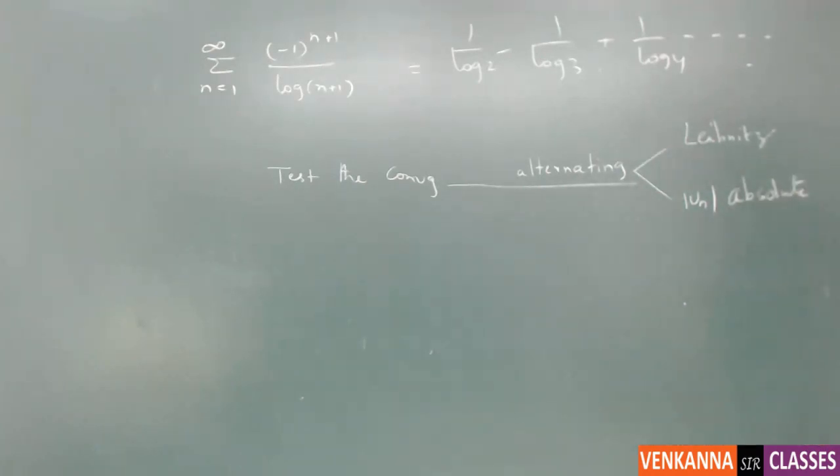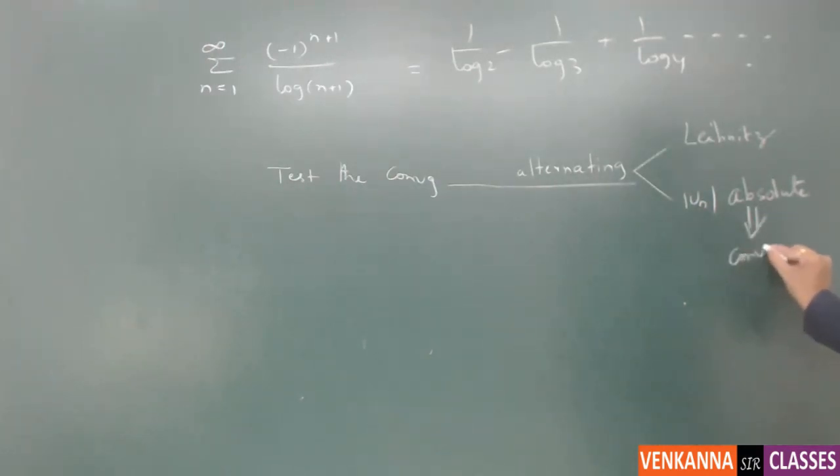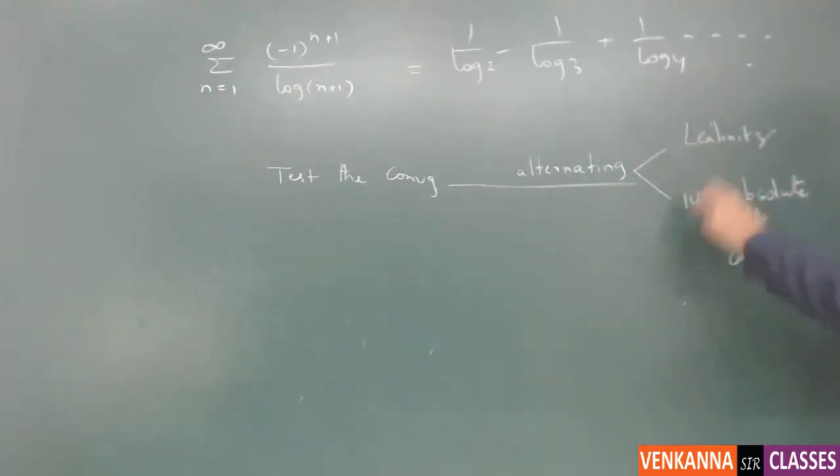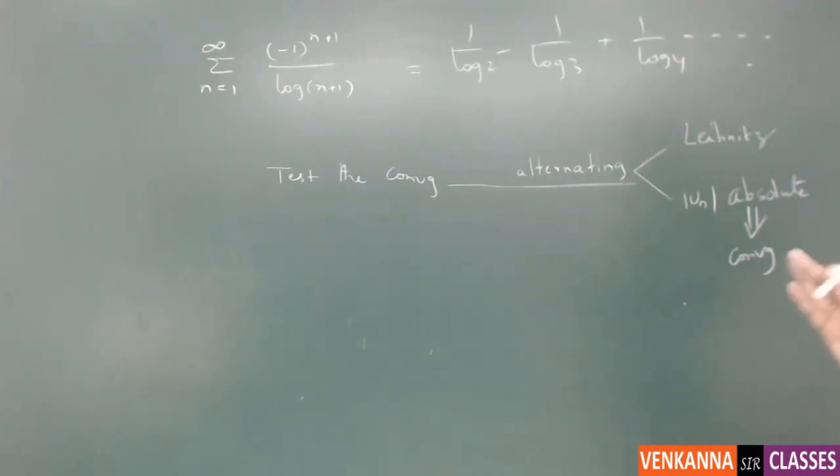Why am I checking for absolute convergence? Because absolute convergence always implies the regular convergence. So either of the approaches you can follow. Now if the problem is particularly asked to test the absolute convergence of, then always you should apply modulus first.